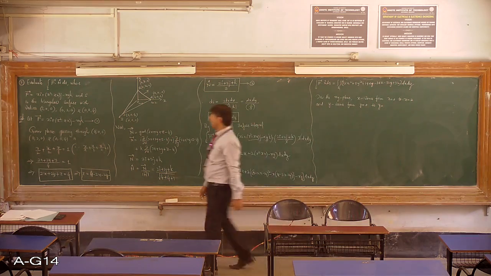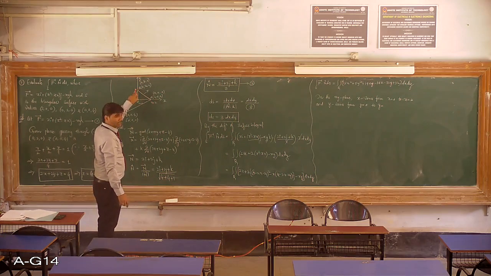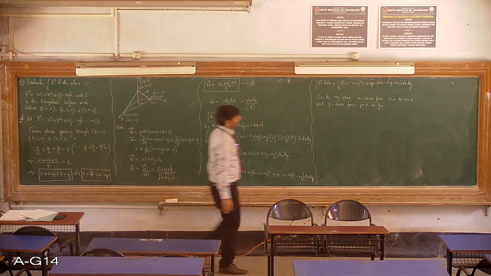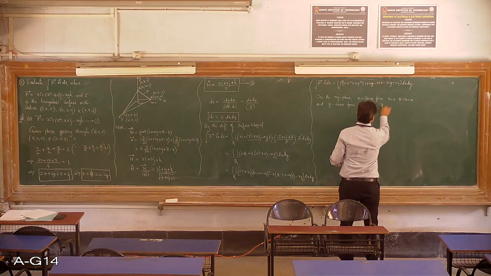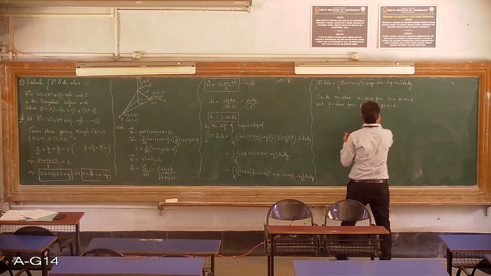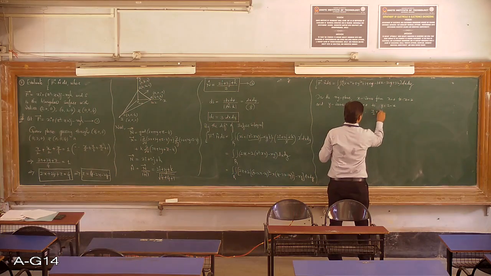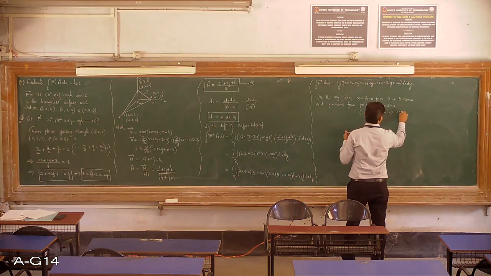So this is a little difficult task that we need to do. Here the x intercept is 2, and the y intercept is also 2 only. Then how can one write it? x by 2 plus y by 2 is equal to 1, which implies x plus y is equal to 2.